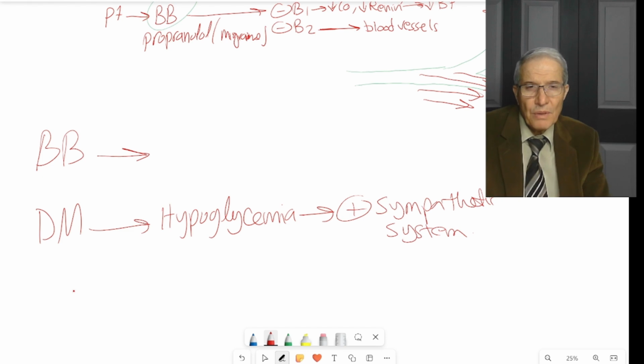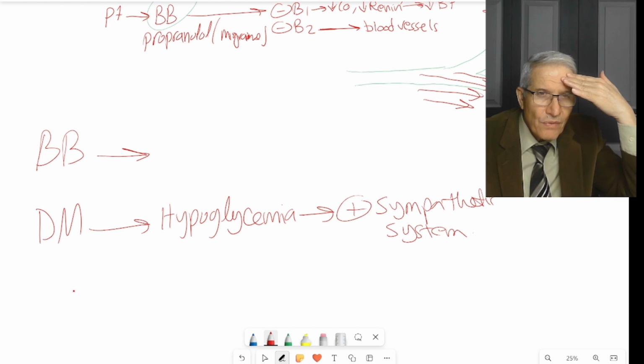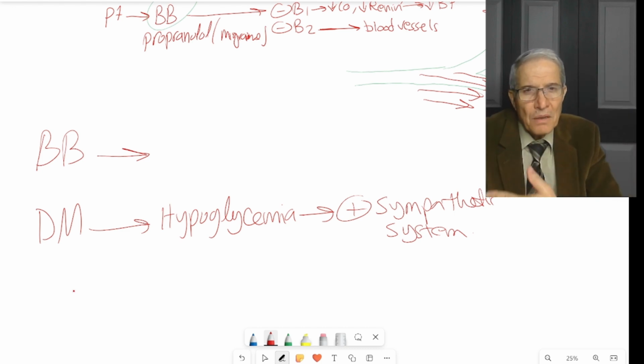When the sympathetic system is activated, the patient starts suffering from sweating, from tremors, for example, and from palpitation.